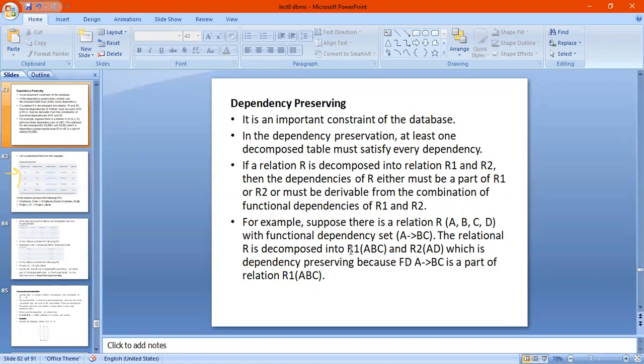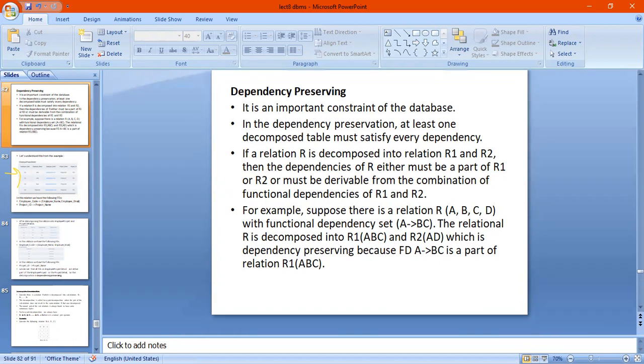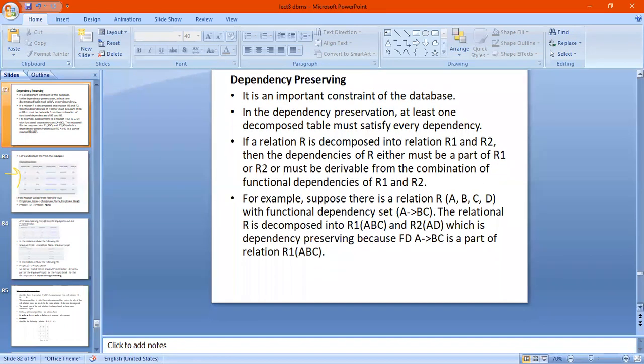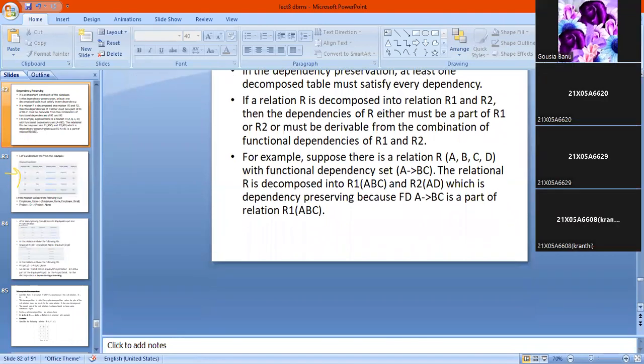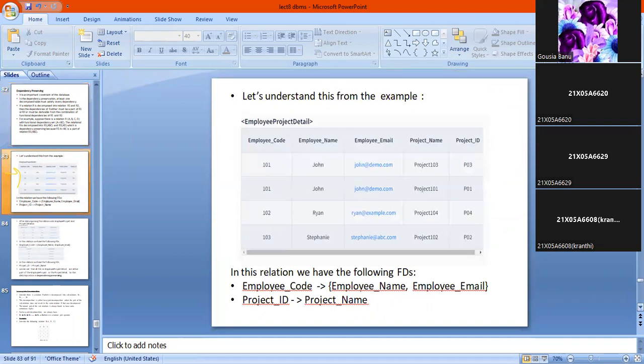The relation R is decomposed into R1 with ABC and R2 with AD, which is dependency preserving because the FD, A depends on BC, is a part of relation R1, which has attributes ABC. Let's understand this.